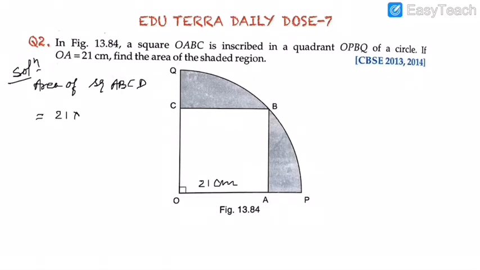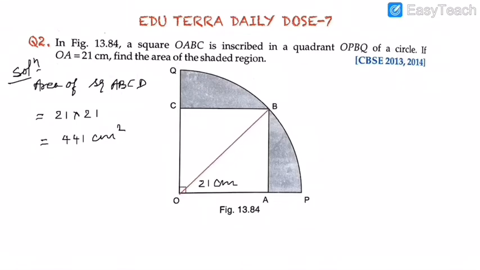Here, area of square OABC equals 21 into 21, side squared, so it is 441 centimeter square. Now to find the quadrant we want the radius R, and R will be OB, or OP, or OQ.